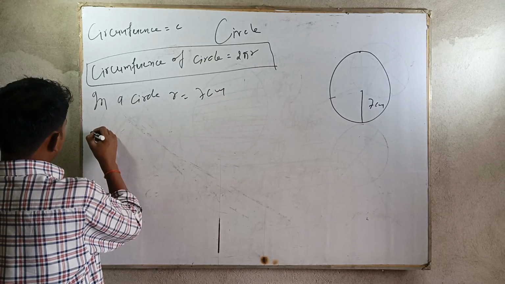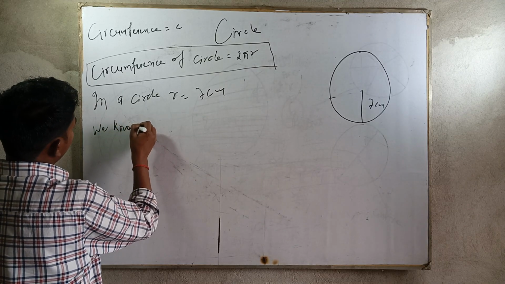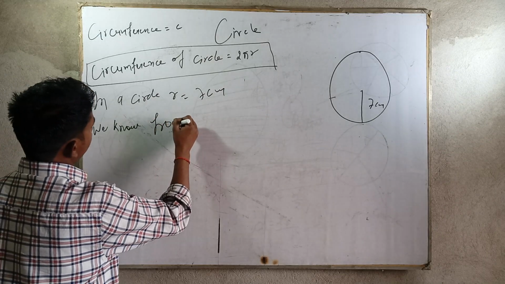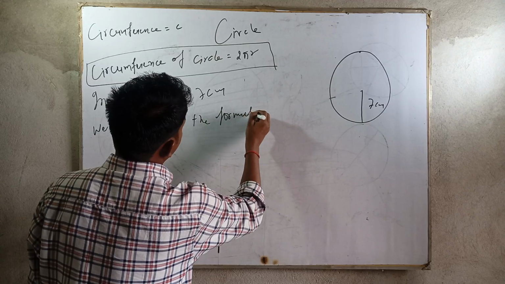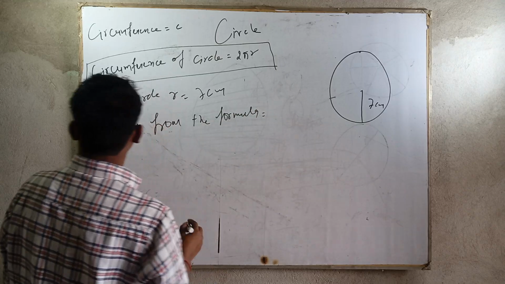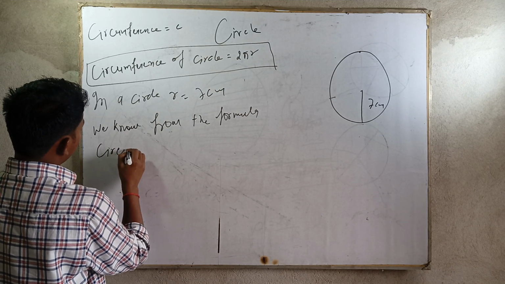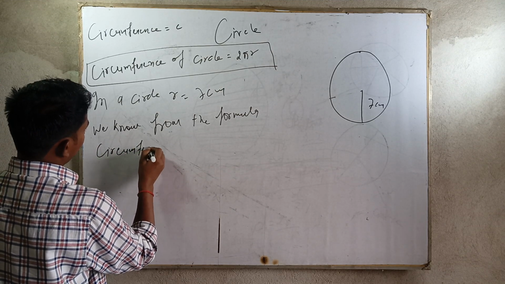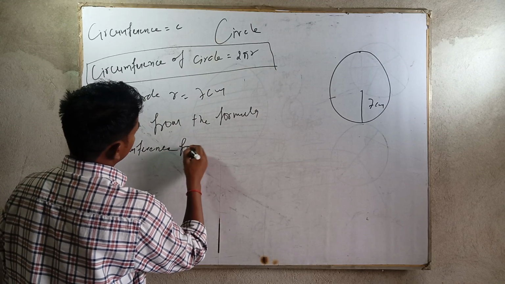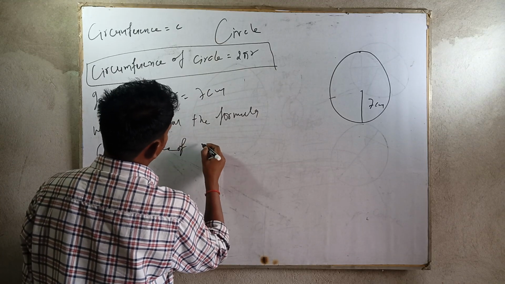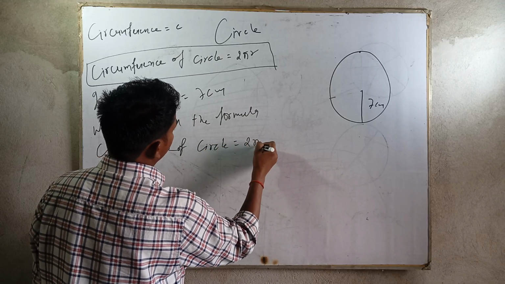Then we can write, from the formula, the circumference of a circle equals 2 pi r.